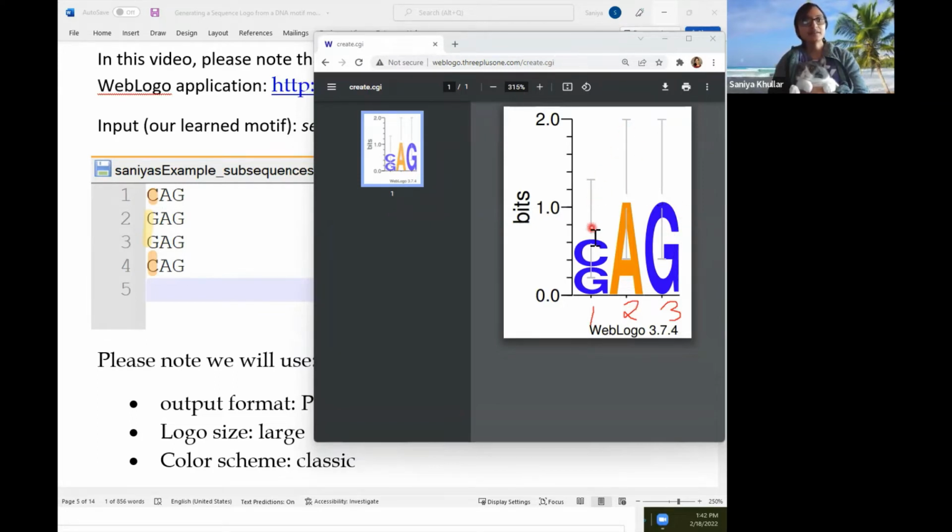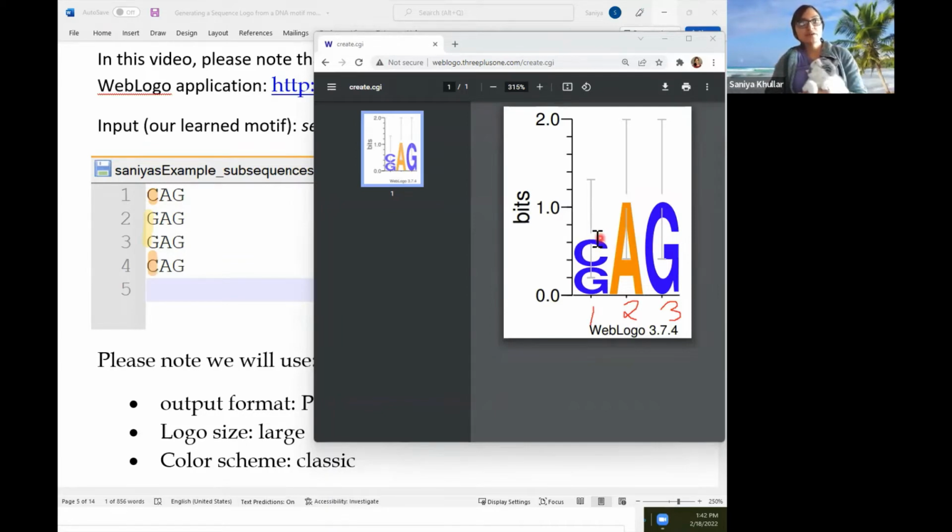But in reality, the height for the C and G in the first position of the motif is smaller than for the second and third, because there is less information that we know about the first position. We know it could be either a C or a G. That's a lot better than us saying it could be an A or a T or a G or a C equally likely.